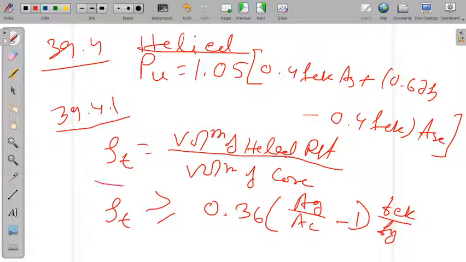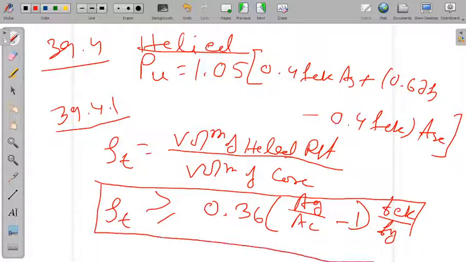So this is a condition that is to be satisfied. In case of helical reinforcement, we have to satisfy this condition. The volume of helical reinforcement to the volume of core shall not be less than 0.36 (AG by AC minus 1) into FCK by FY.